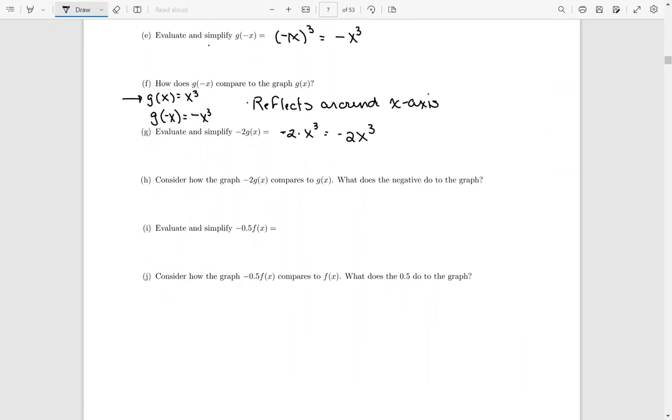All right, so what did the negative do? Well, that was, again, a reflection or a flip around the x-axis. That's what the negative did. The 2, and we're going to talk about this a little later in the course, was a vertical stretch. So if you stretch it, it makes it a little bit skinnier.